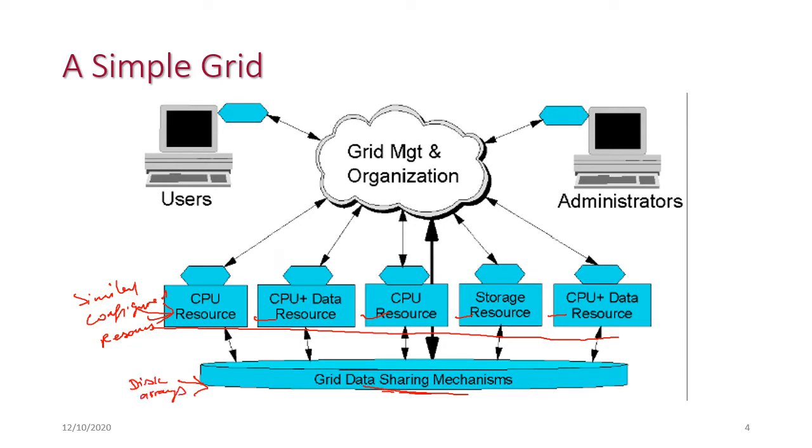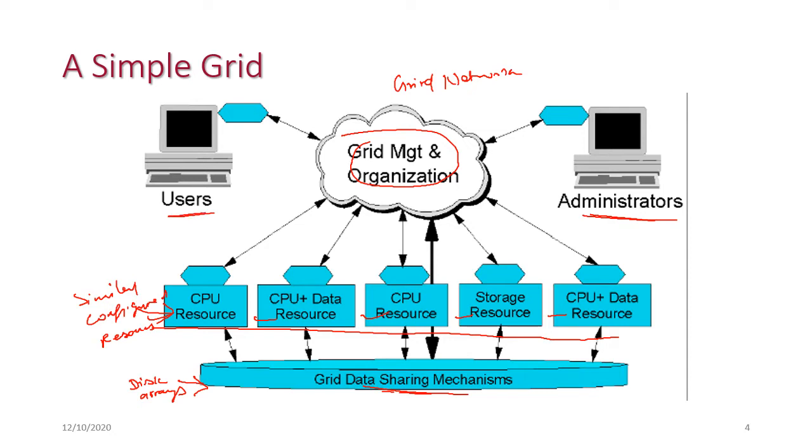Disk arrays, okay, and all these resources are maintained by this grid management and organization, and there should be a common administrator for this grid, and this administrator has the entire control of this particular grid network. And we have a variety of users.